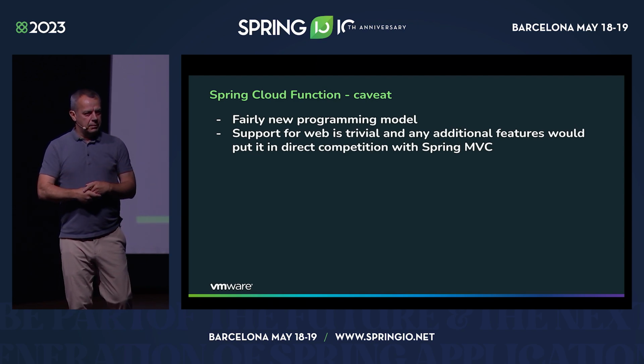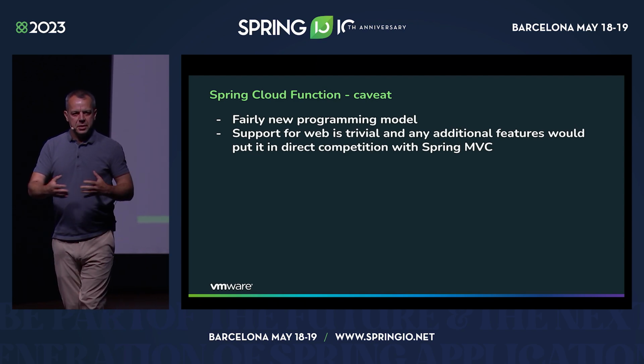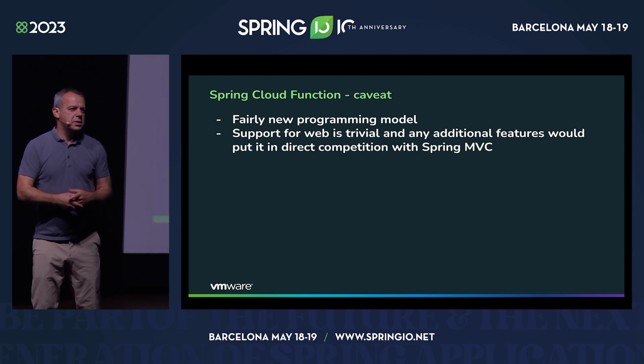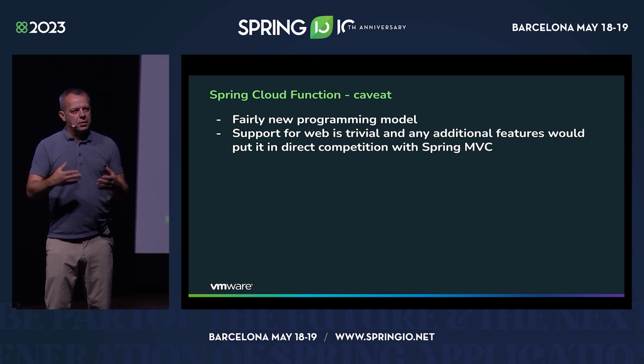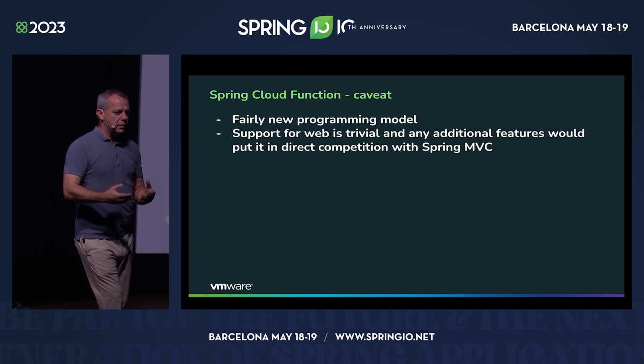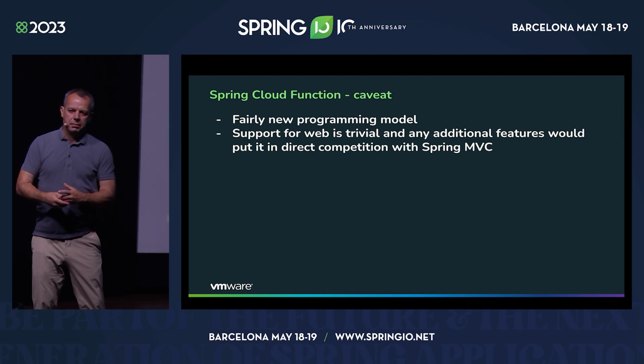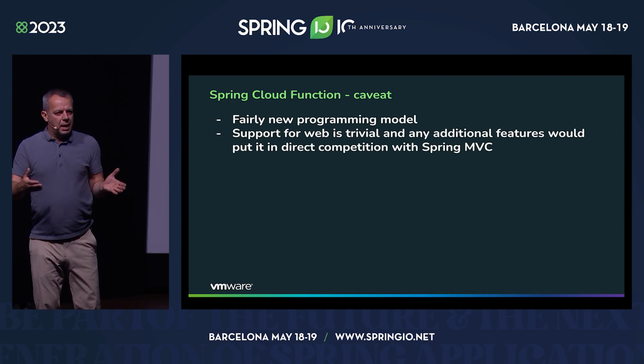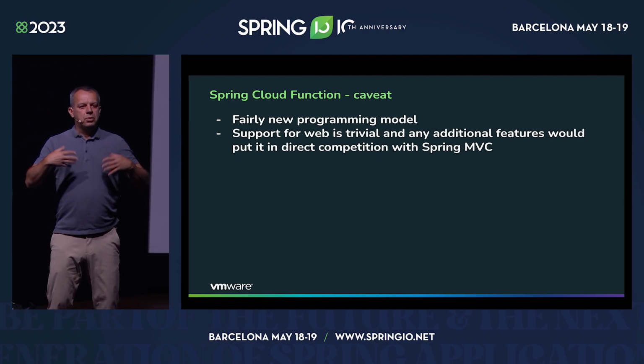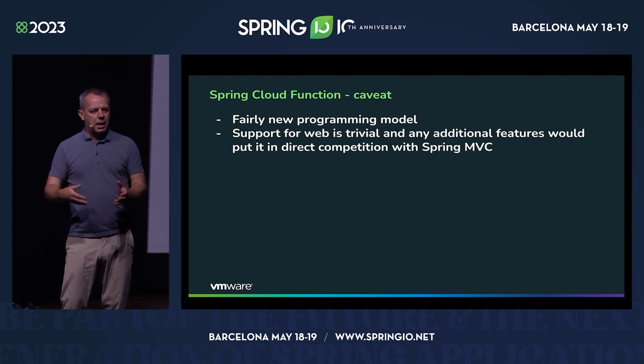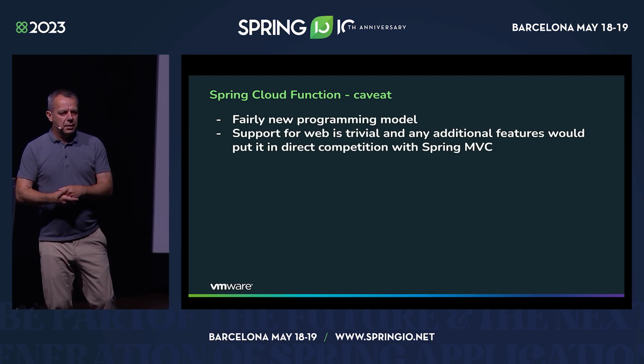Not a whole lot, right? But the reality is, it's not a problem with the project. The problem is that a lot of times the luxury of greenfield development is not always there, right? So with Spring Cloud Function, we're introducing a fairly new programming model. So that's number one. So you say, if I could do things again, yes, sure, maybe I would use Spring Cloud Function and do things differently.